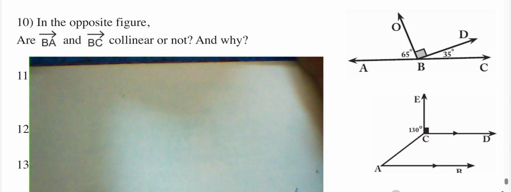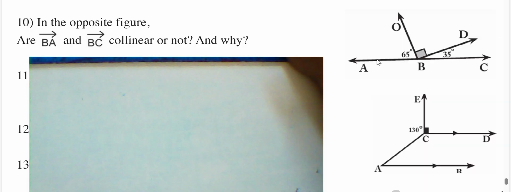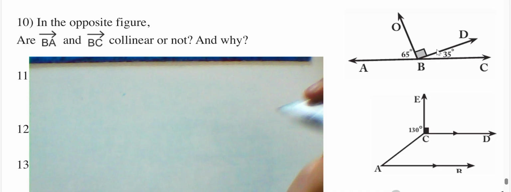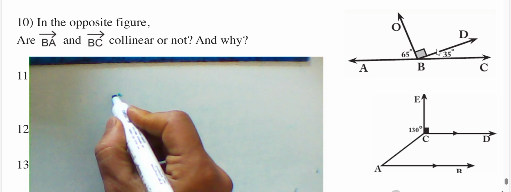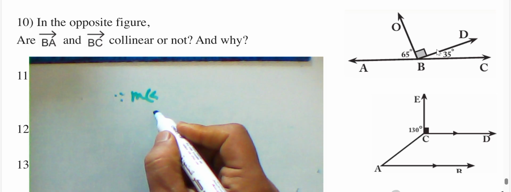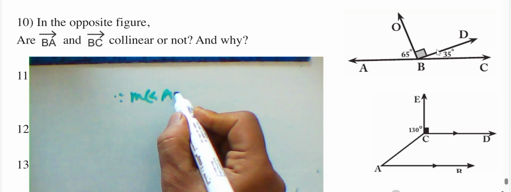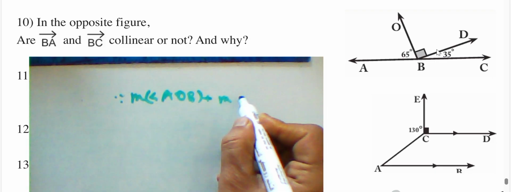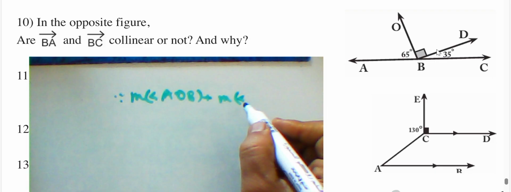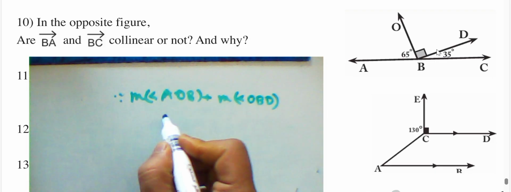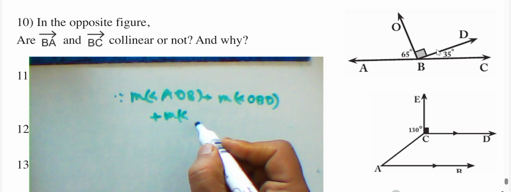In the opposite figure, we have EB and BC. Collinear or not, he asks you. If we collect the sum of these angles and the measure will be 180, we can call them collinear. So we can collect together the measure of angle EBD plus the measure of angle OBD plus the measure of angle DBC.